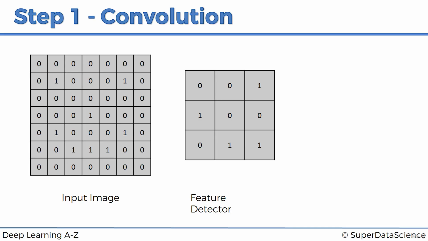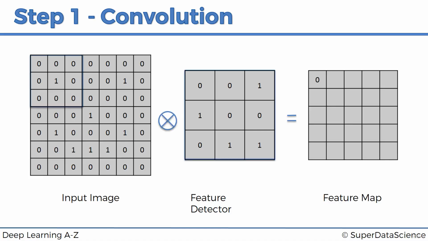Also, these are important terms because you might come across them. There are many different terms for the feature detector, but the most common ones are feature detector, kernel, or filter. In this course, we're going to use filter and feature detector interchangeably, but just bear in mind that it has those names.